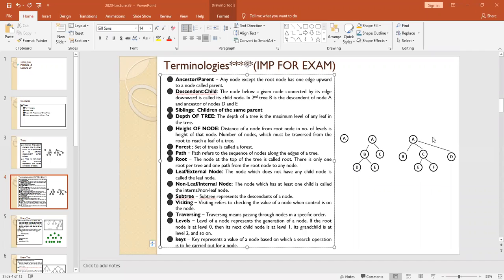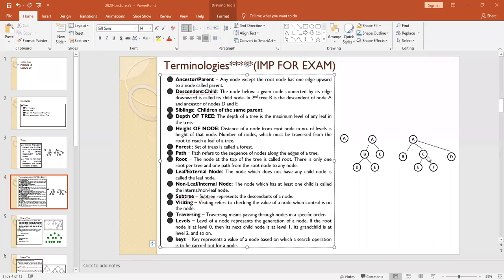Similarly, in the third diagram, can you tell what is the path from A to F? Good.